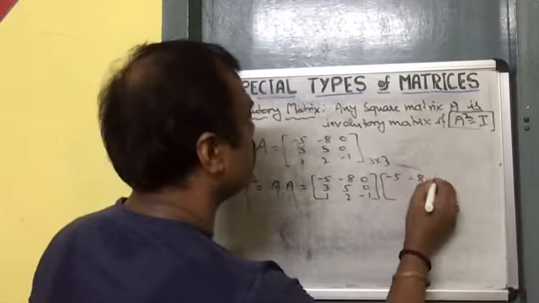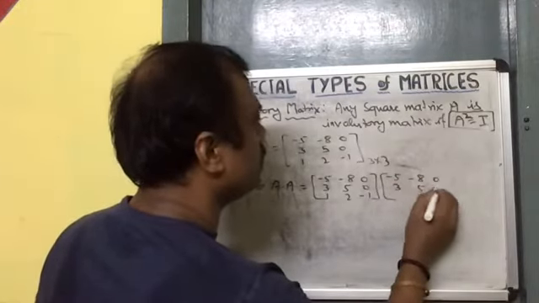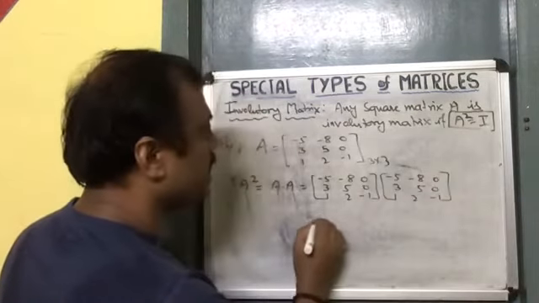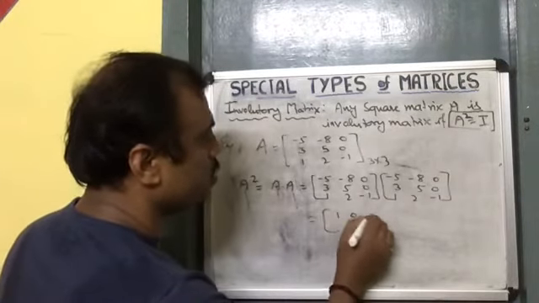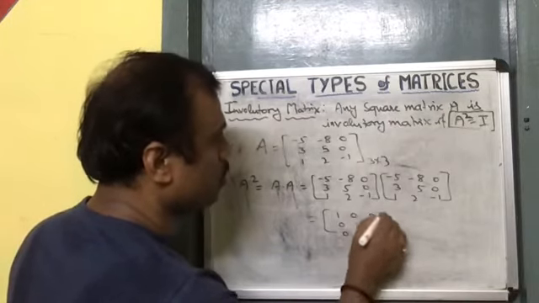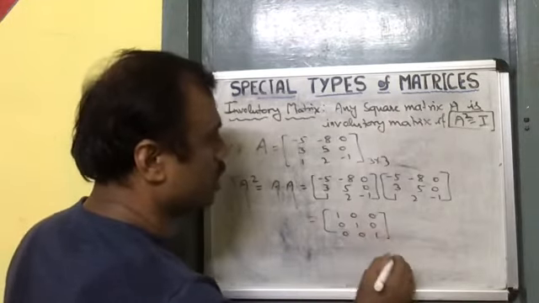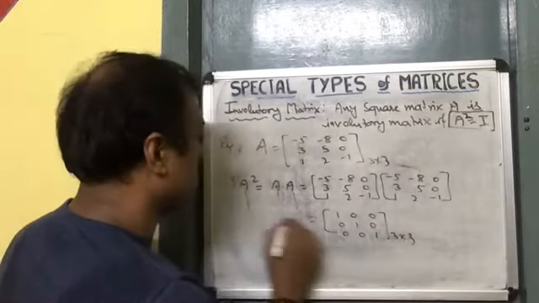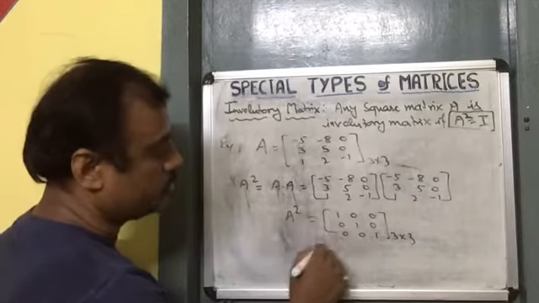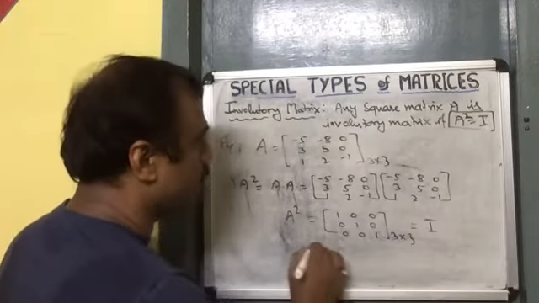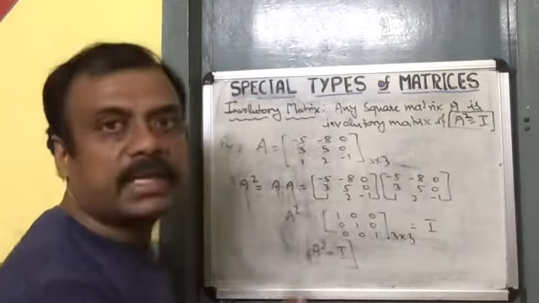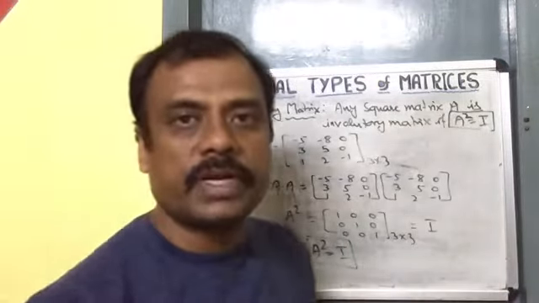So we will get 1 0 0, 0 1 0, 0 0 1. So I have got A square equals to I. So here matrix A is called involutory matrix.